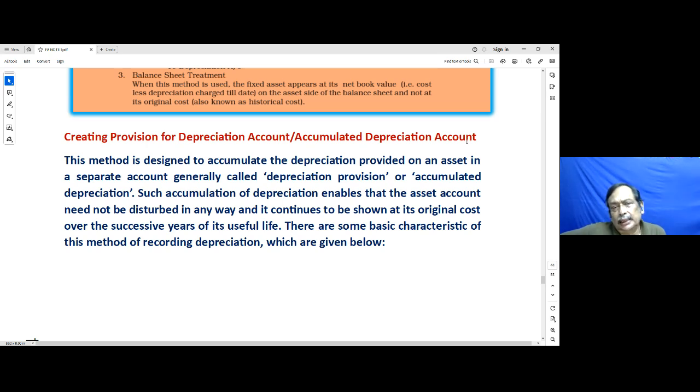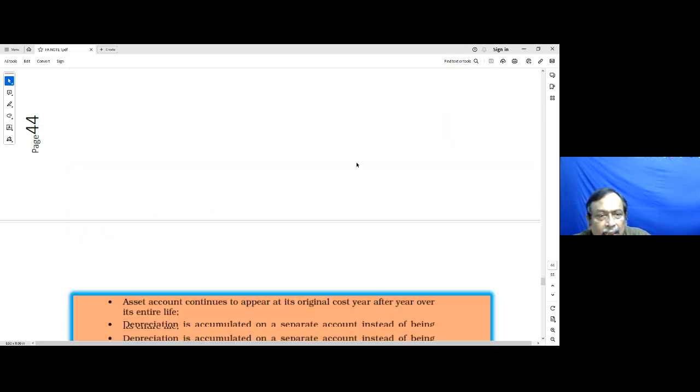So mind this, such accumulation of depreciation enables that the asset account need not be disturbed in any way, and it continues to be shown at its original cost over the successive years of its useful life. There are some basic characteristics of this method of recording depreciation, which are as under.